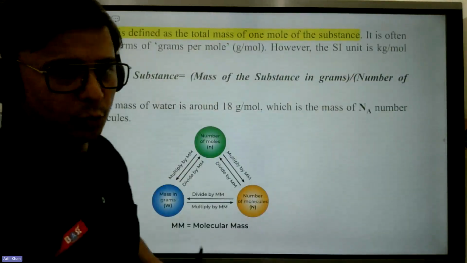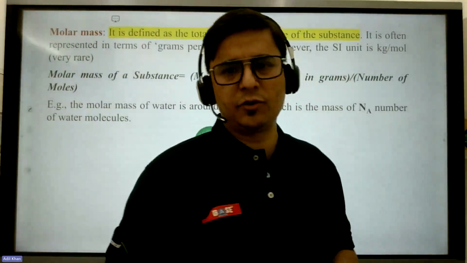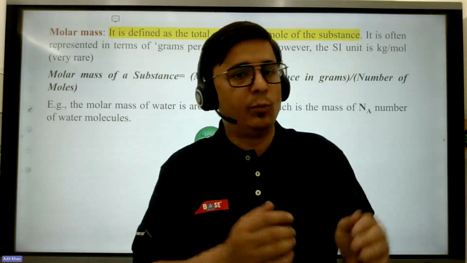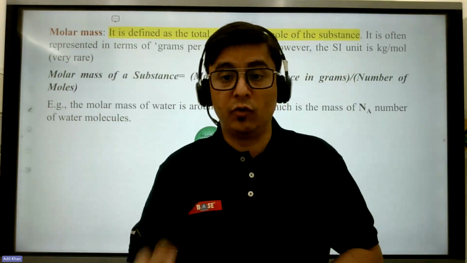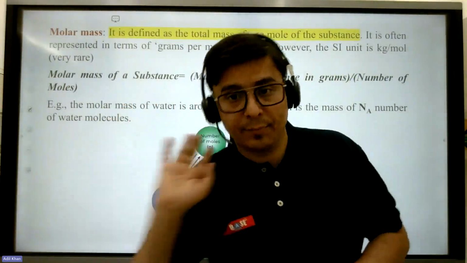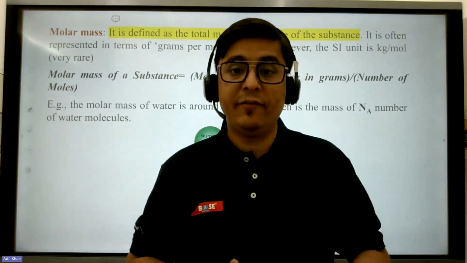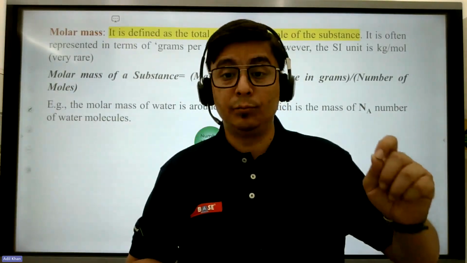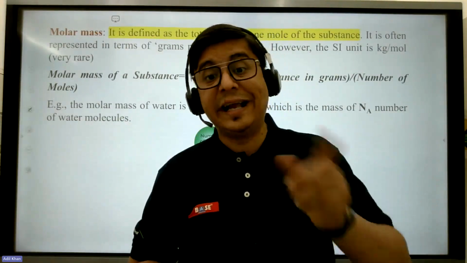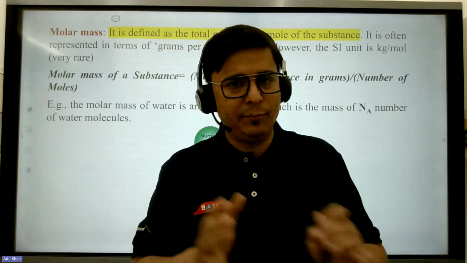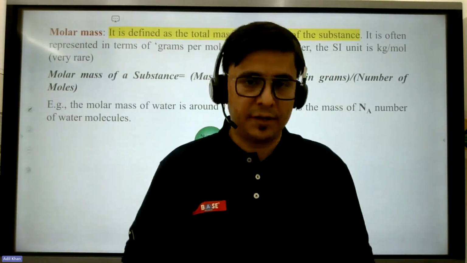Now, whenever you have mole, I think in the previous session also, when I was calculating molecular mass, for example, molecular mass of H2SO4 is 98 U. But if I talk about gram molecular mass, it was 98 gram. Now, if I change the unit from gram to gram per mole, it becomes molar mass.